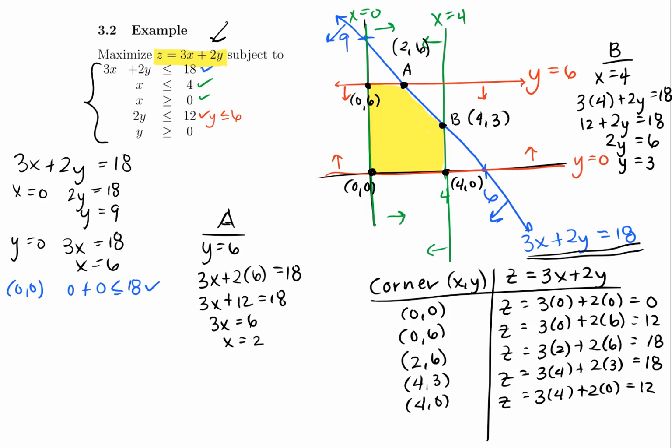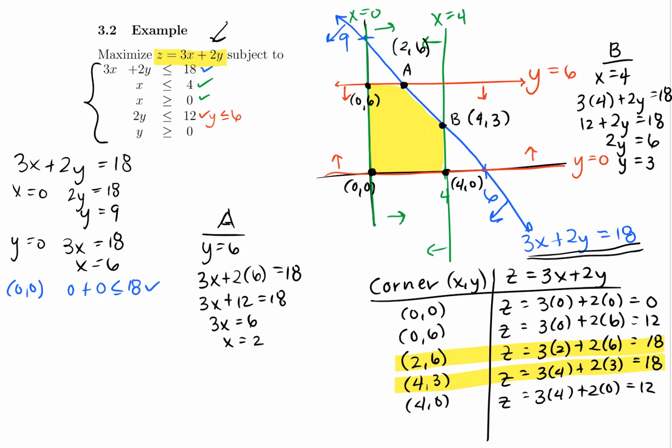So now we need to look at the corner point chart and see which one has the maximum output. Well, what we see here is there are 2 points that have a maximum output. We have a maximum output of 18 at the point (2, 6) and at the point (4, 3). So this means that we have a case where we have multiple optimal solutions.